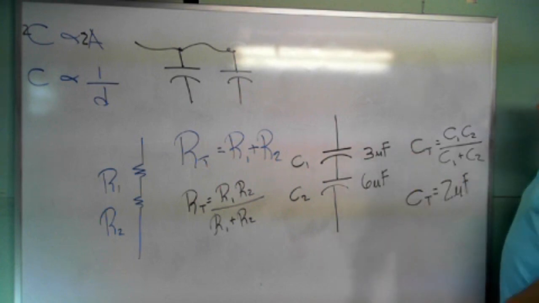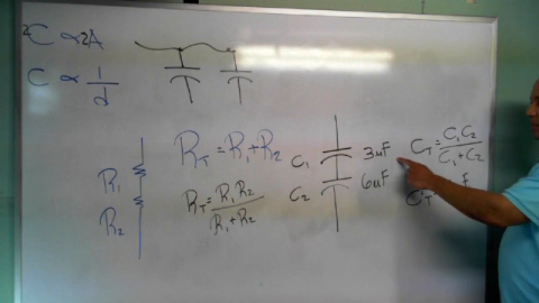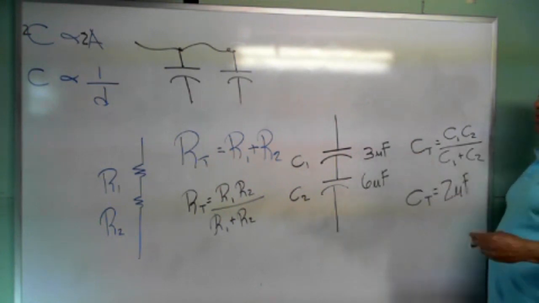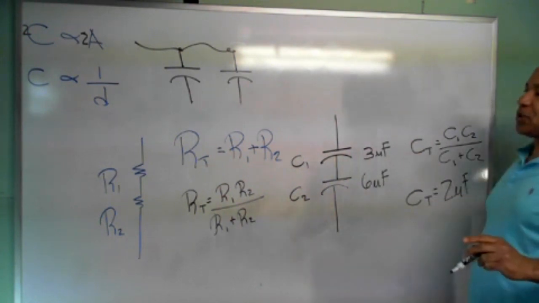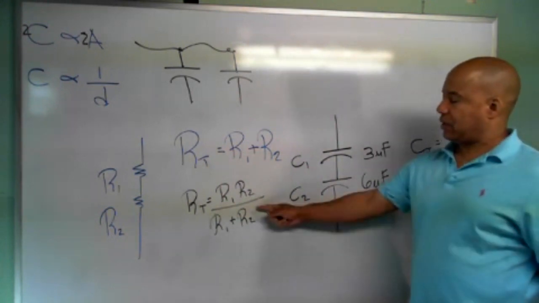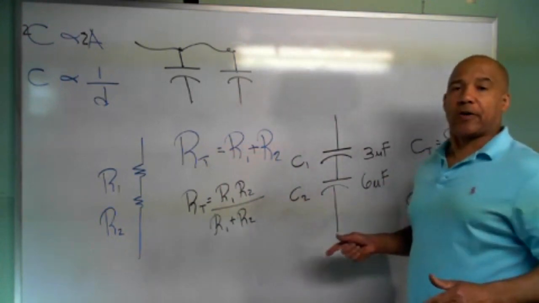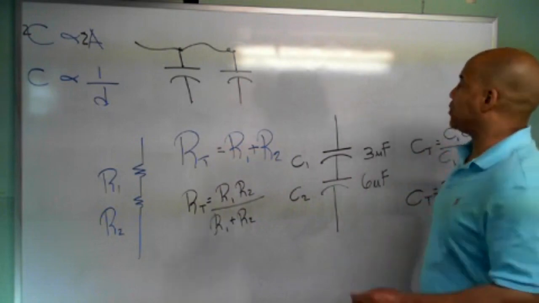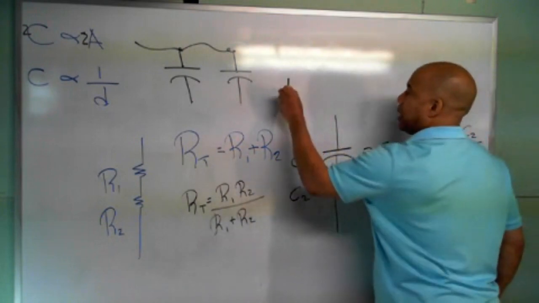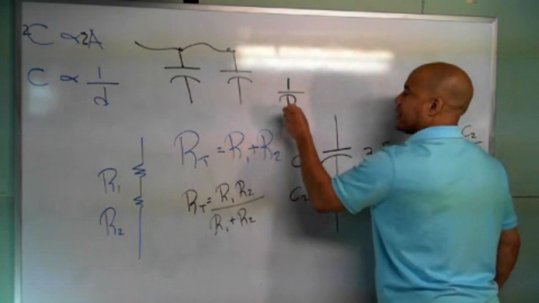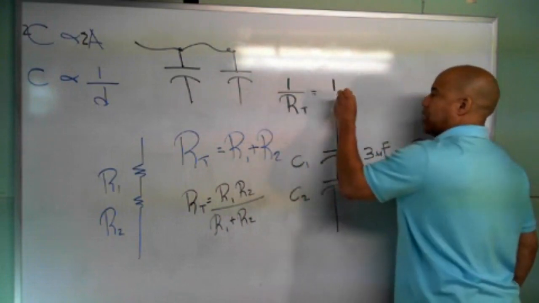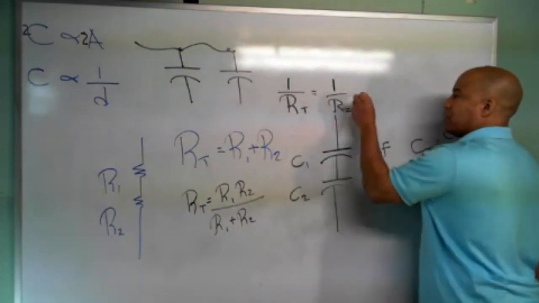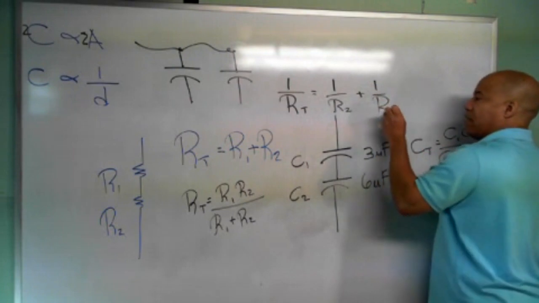So capacitors in series act like resistors in parallel, and any resistor formula that we use, like this one, all you got to do is change the R's to C's, and you got the right capacitor equation. So you can use 1 over RT is equal to 1 over R2 plus 1 over R3.